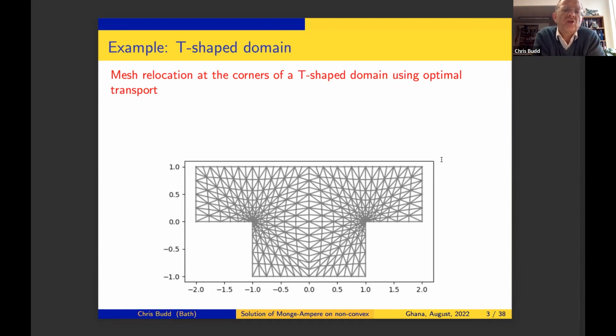So this is kind of the objective. And what I'm going to show in this talk is firstly how you can construct such a mesh, both in the most general case and then in the specific case of problems with re-entrant corners. And then I'll show you how you can prove that the mesh that you end up with has very nice global regularity properties, which can then lead to very accurate solutions of the underlying PDE.